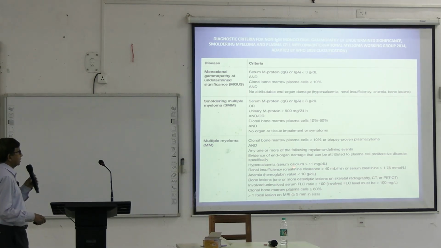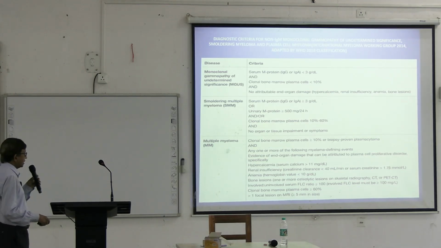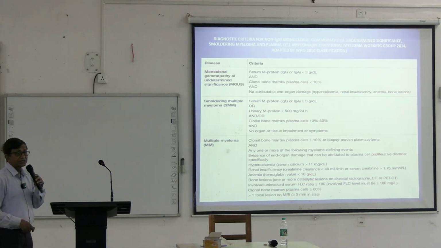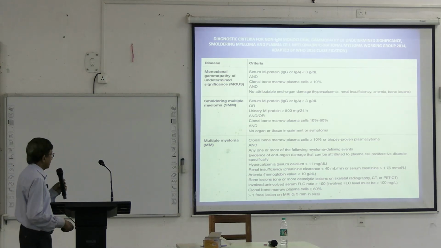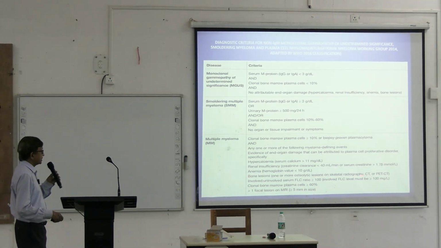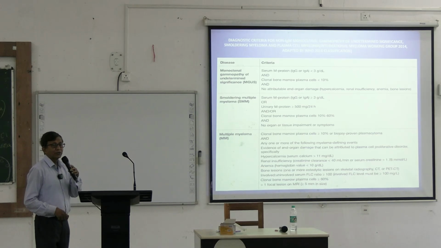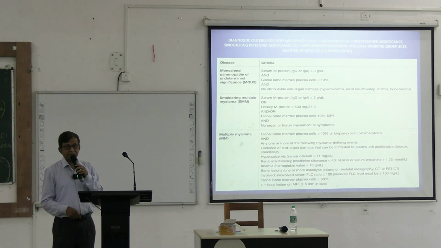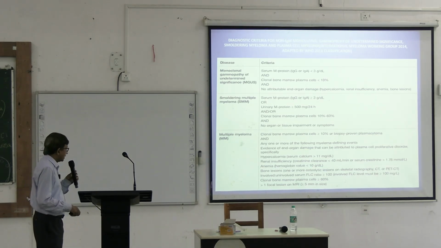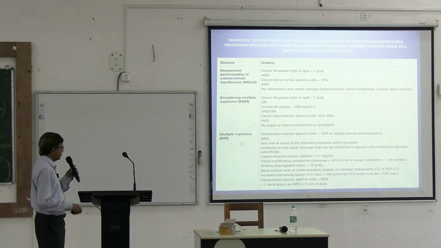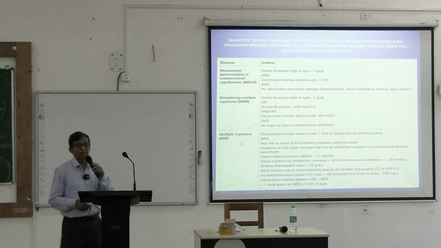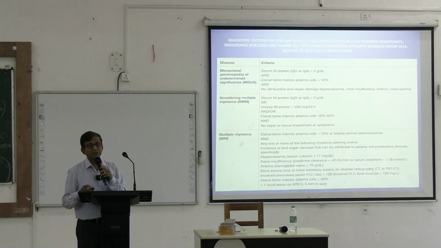Calcium level more than normal. There is renal insufficiency. There are bone lesions due to increased osteolytic activity, either on X-ray or on MRI. There is anemia. So, these are the symptoms of systemic organ damage.